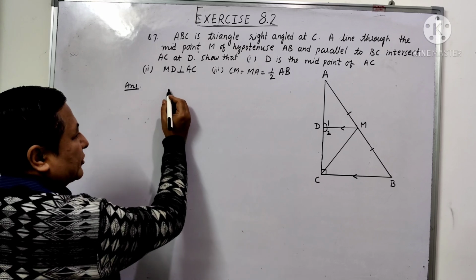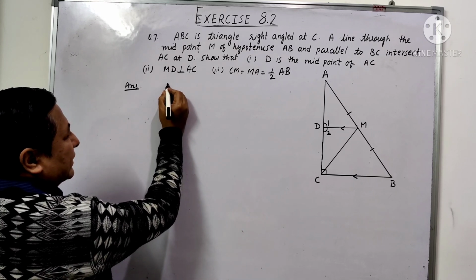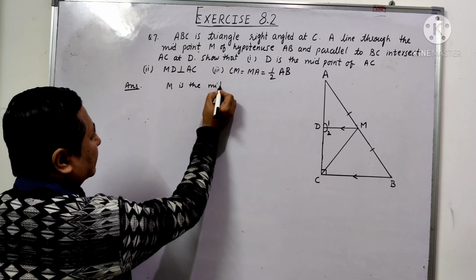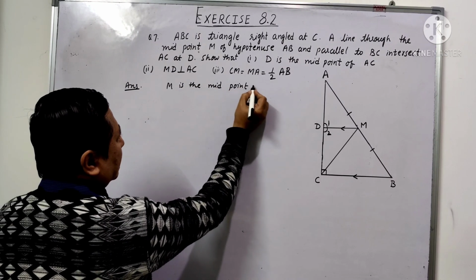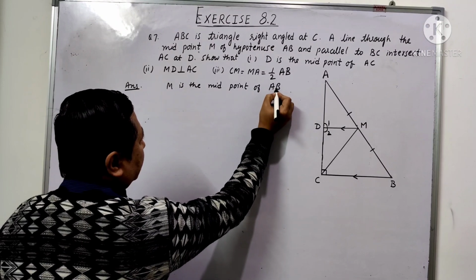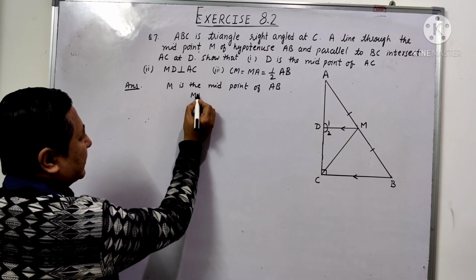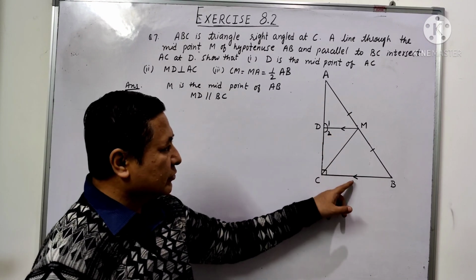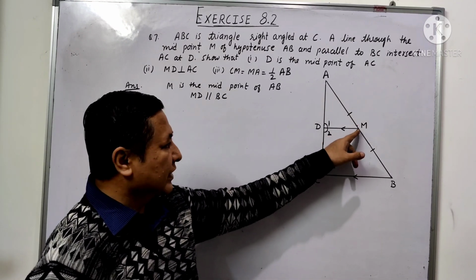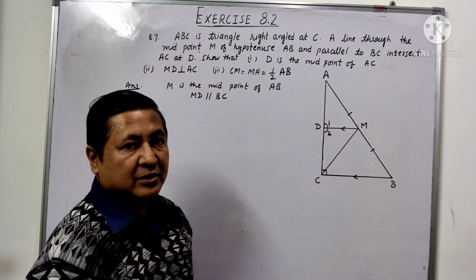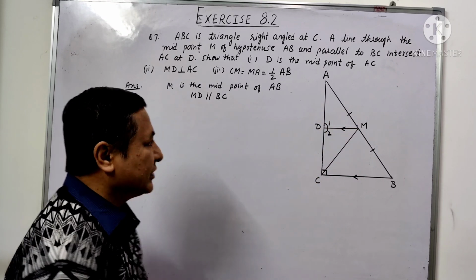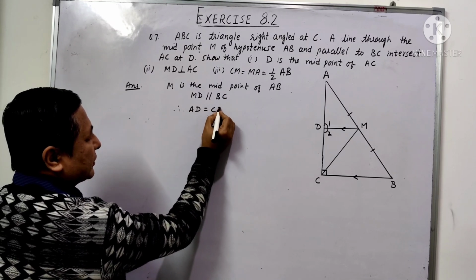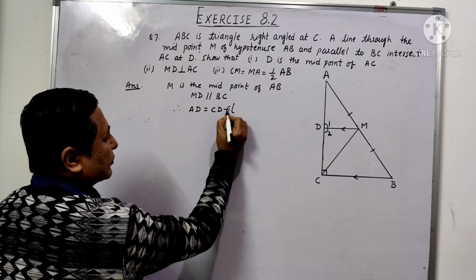Let us prove the first thing. In the question it is given that M is the midpoint of AB and also MD is parallel to BC. So MD is parallel to BC and M is the midpoint. So the line segment MD will bisect the third side, that is it will bisect AC. That means AD and CD will be equal, and this is equation number 1.